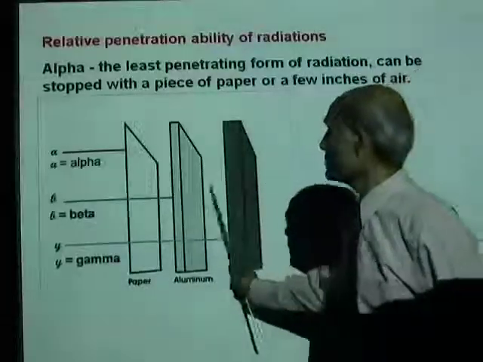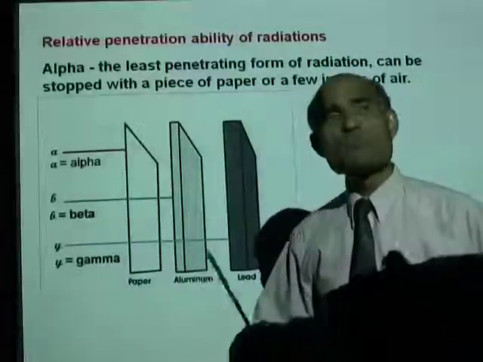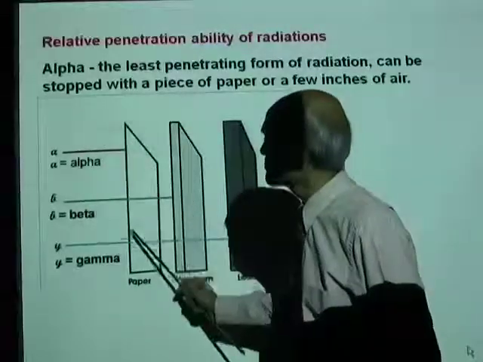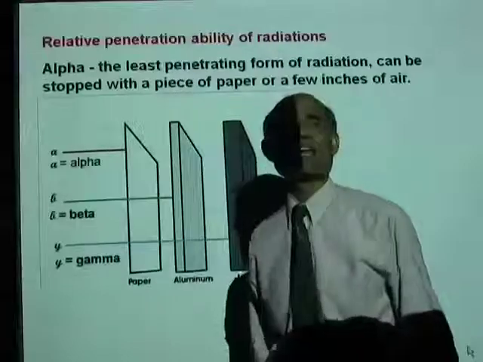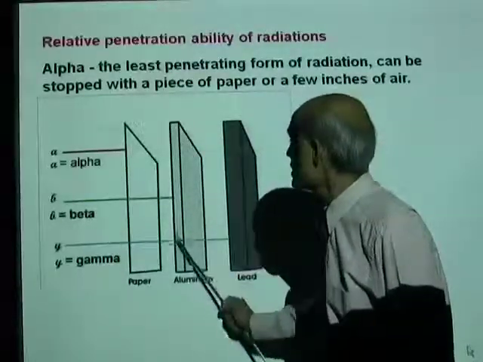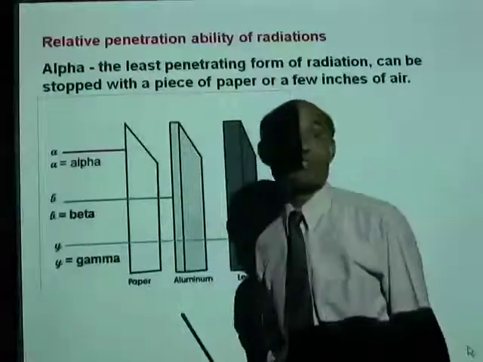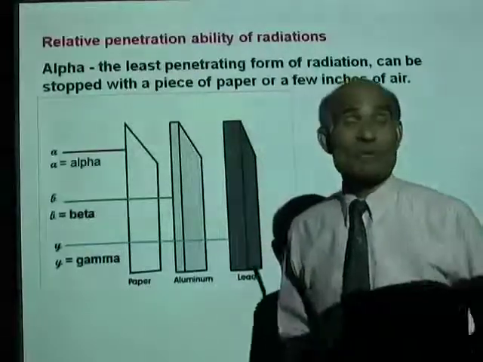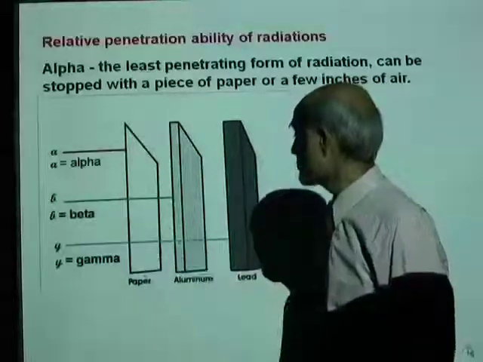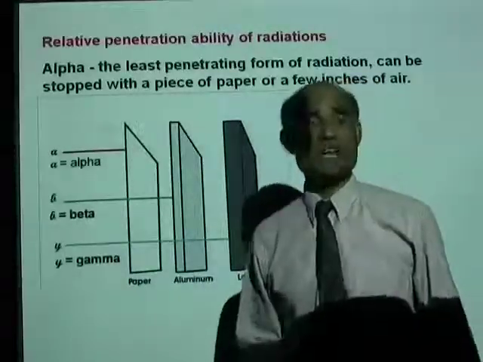Now here I have the relative penetration abilities of these materials. Alpha radiations can be stopped by a thin layer of paper. But beta radiations cannot be stopped by a thin layer of paper. They can travel very many meters in air and can be stopped by a sheet of aluminum.